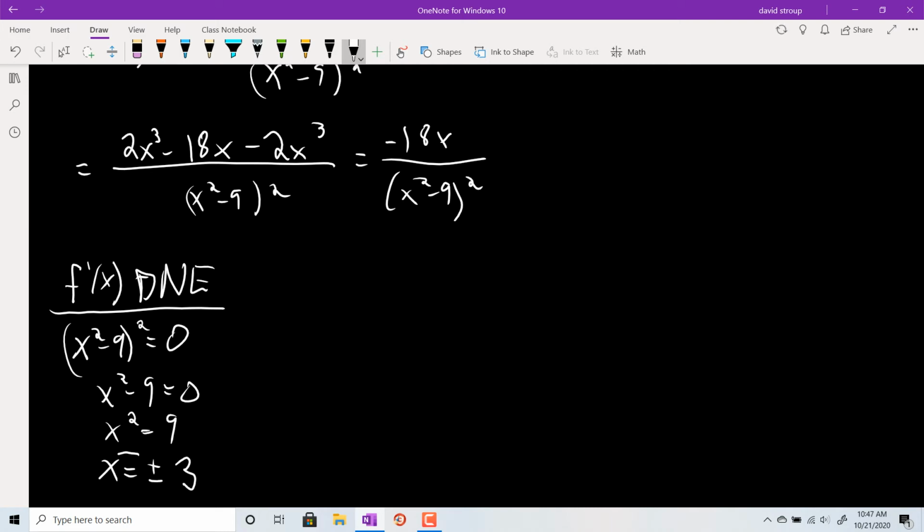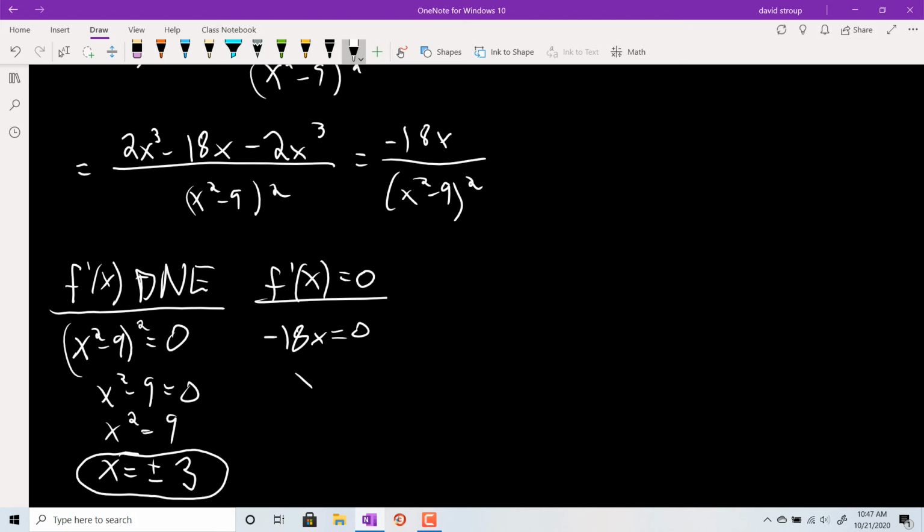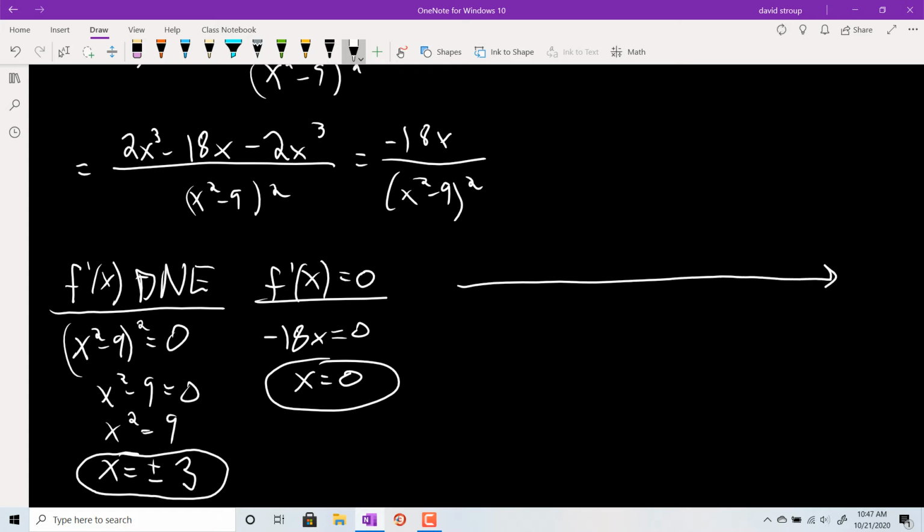So even though these aren't really critical numbers, we use them on the number line. f prime of x equals 0 when you take the numerator and set it equal to 0, and of course we get x is 0. So we have 3 critical numbers this time for our number line: -3, 0, and then 3. And then again, we go test value, sign, conclusion.